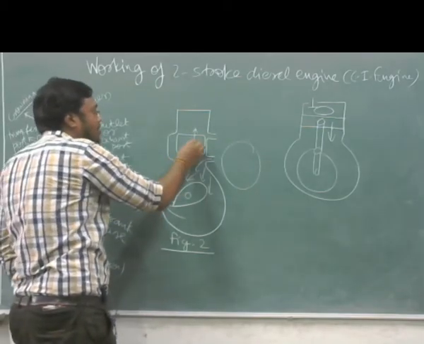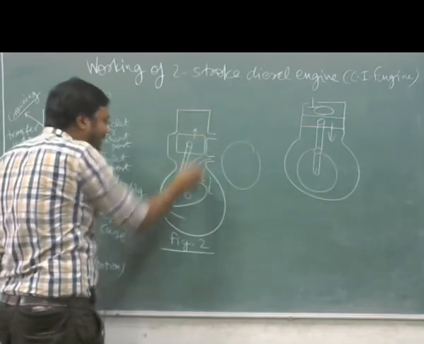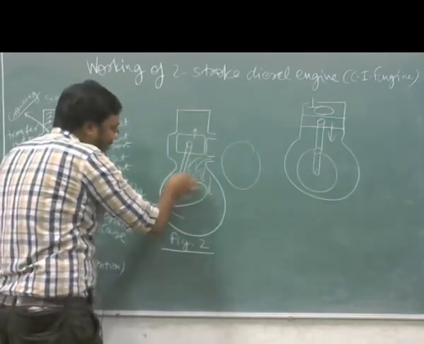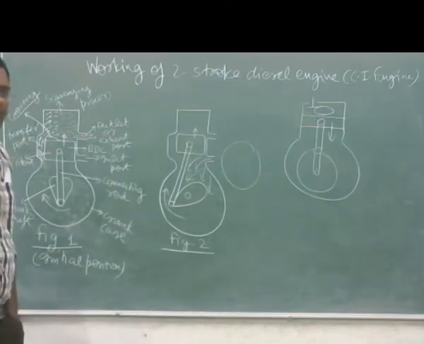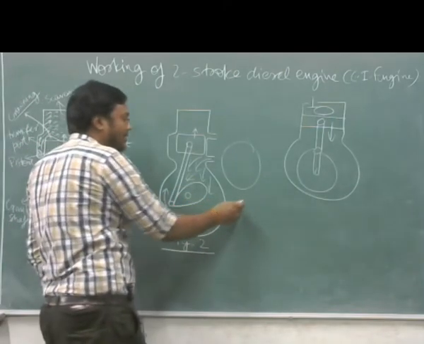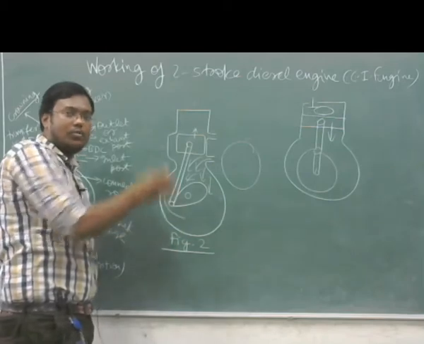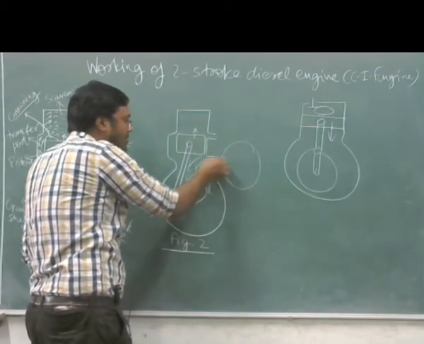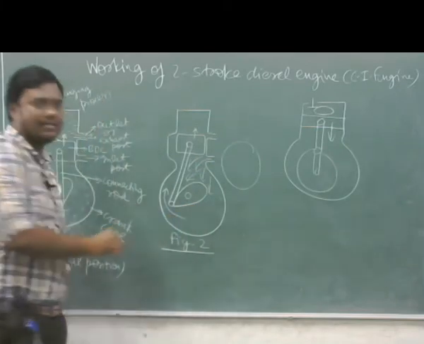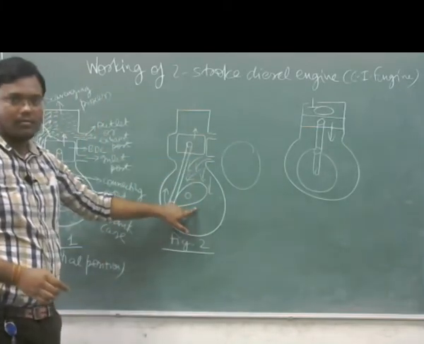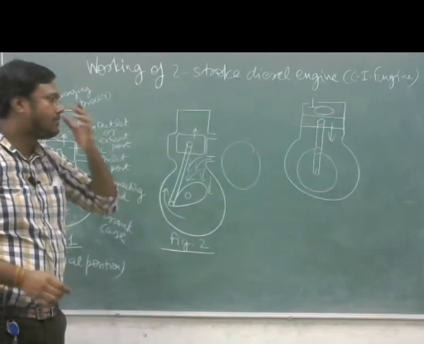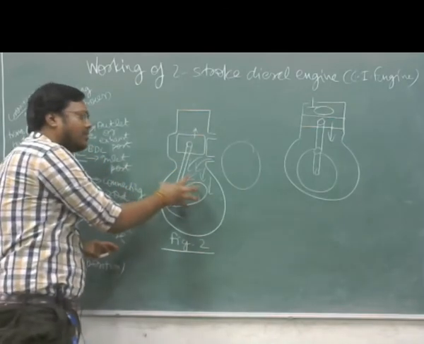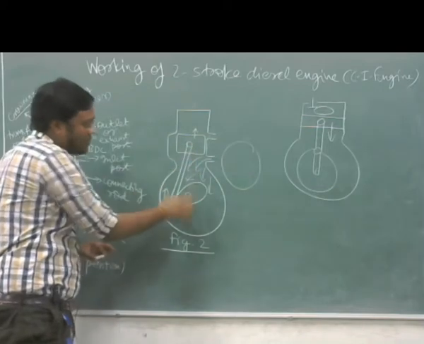Here also the piston is moving in upward direction, vacuum is created below the piston, due to which the pressure inside the crankcase will decrease and outside pressure is very high. So due to this pressure difference, air from the outside flows inside the crankcase below the piston. The difference is only that here the suction process takes place below the piston.